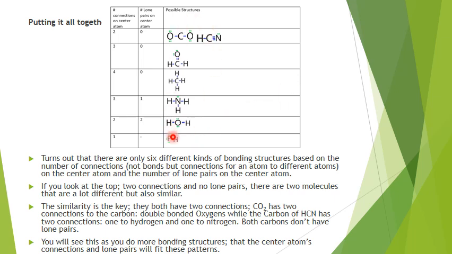All 18 of them will fit in this table. They will all have either two connections and no lone pairs, 3, 4, 3, 2. Those are the only kinds of connections that we see, at least in 110. In 121, we'll see that it gets a little bit more complicated. But this is the general way. It's pretty simple when it all comes down to it.